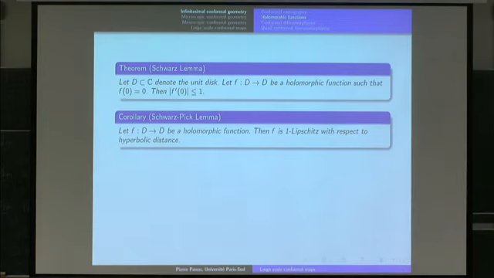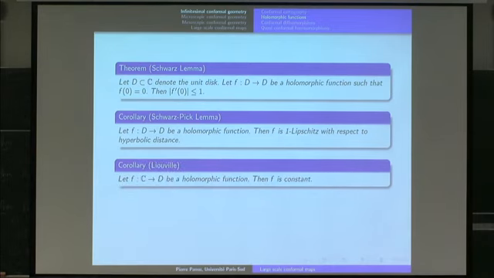And here is an invariant reformulation of the Schwarz lemma. If you don't assume that the origin is mapped to the origin, the suitable statement is as follows: the function decreases hyperbolic distance.